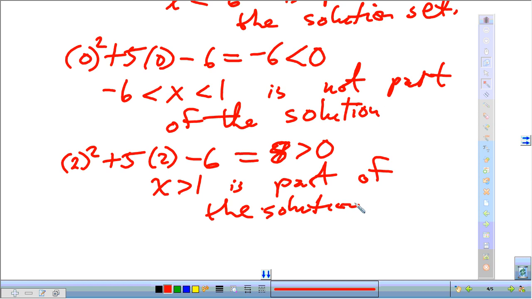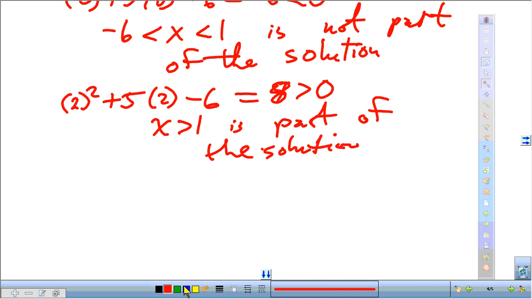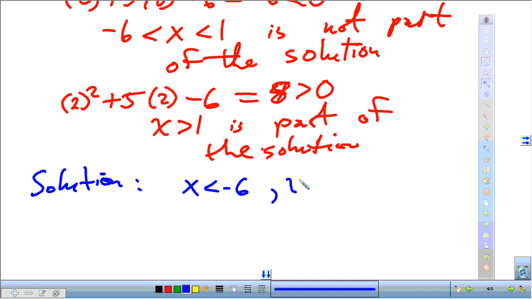And so now I've run out of intervals, so I have some intervals that are part of the solution, others not. So the solution set would be x less than minus 6, or I would have to move over to x bigger than 1.